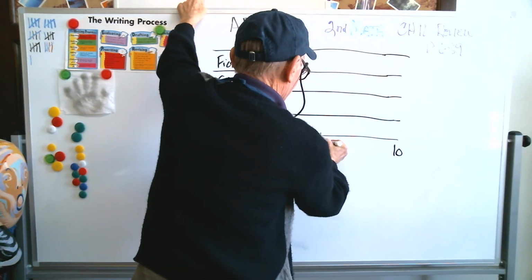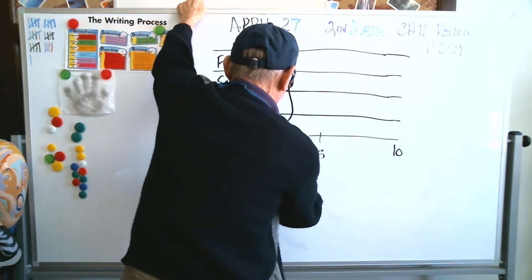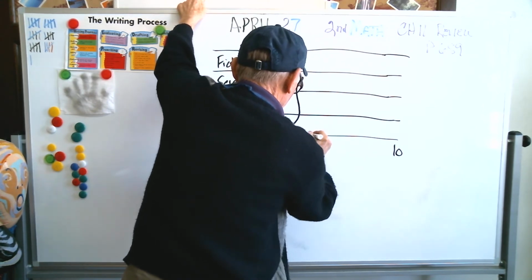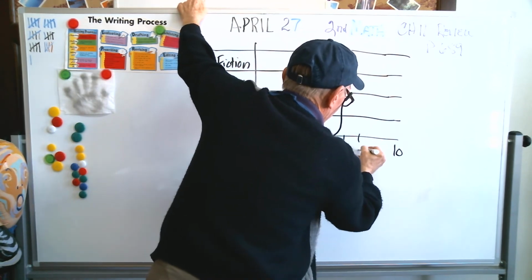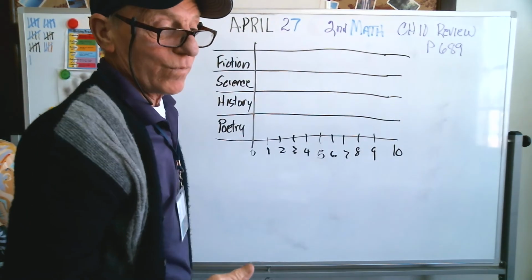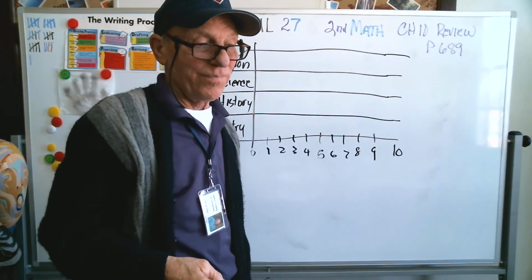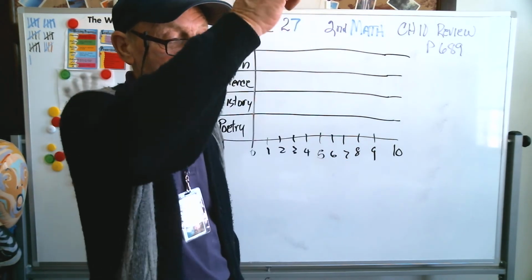So, just like that. Now, what's different about this graph? Well, the bars are going to go across it instead of up and down.